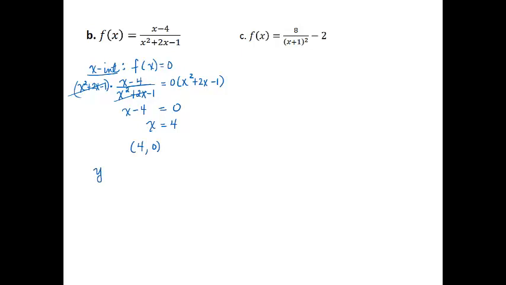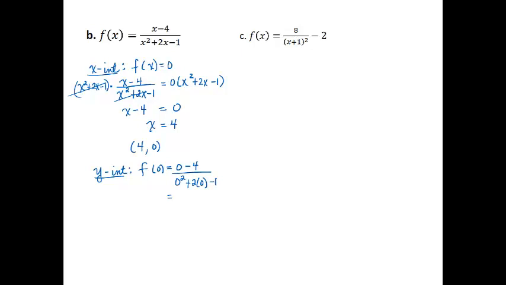The y-intercept, we replace x with 0 to get f of 0 is equal to 0 minus 4 divided by 0 squared plus 2 times 0 minus 1.